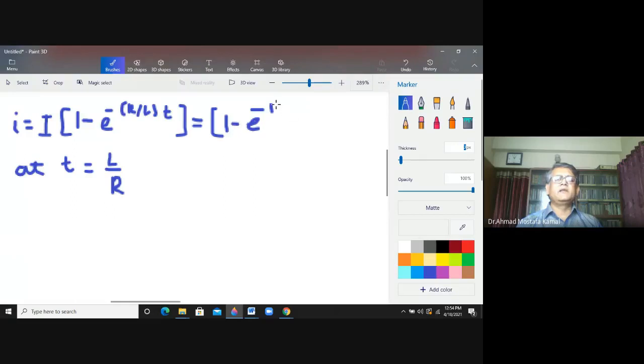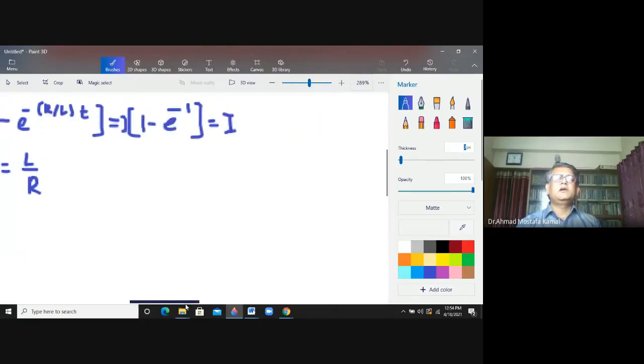Exactly similar. And 1 minus this, and I is there, so you should write I here. Therefore, equal to I, don't forget to write I. So it is I into 1 minus e inverse.